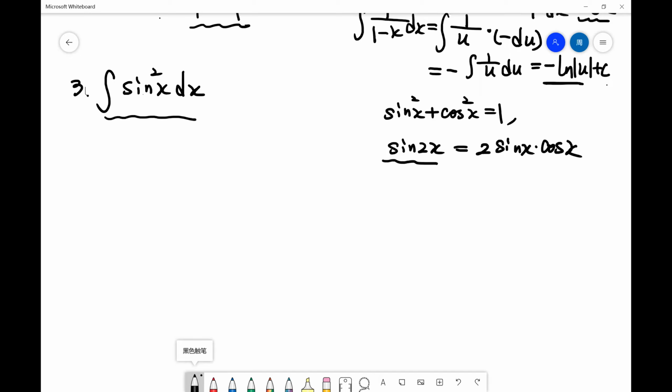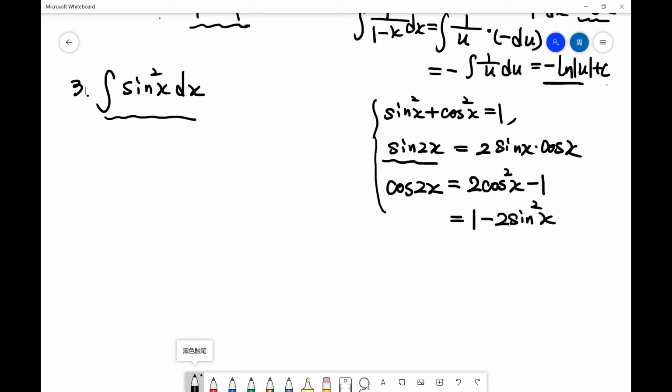And here is another, that is cosine 2x. Cosine 2x equals 2 times cosine x squared minus 1, or equals 1 minus 2 sine x squared. So I think you should know these three formulas, then you can solve this question.